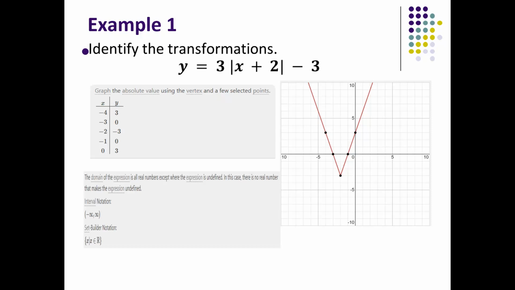Let's look at an example. Here's example 1. Let's identify the transformations. My equation says y is equal to 3 times the absolute value of x plus 2 minus 3. So the first thing we need to identify, the parent function.